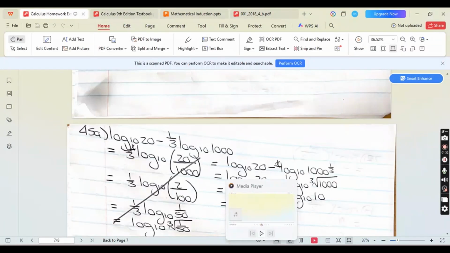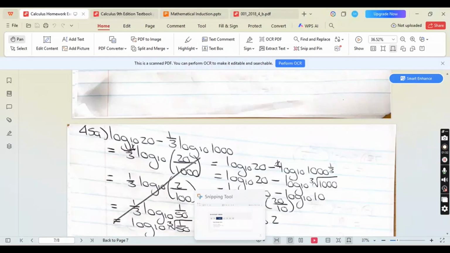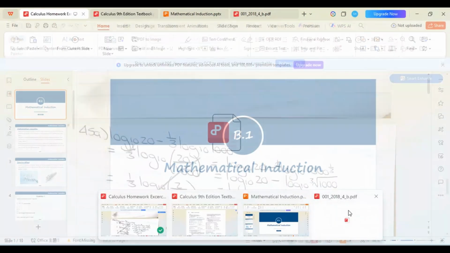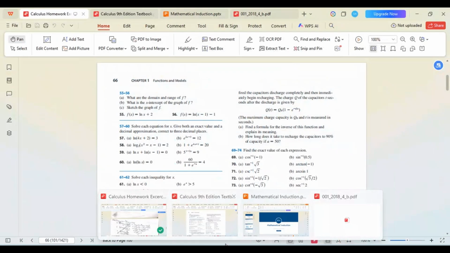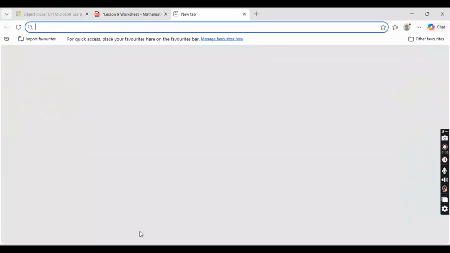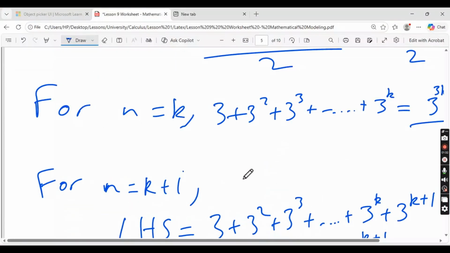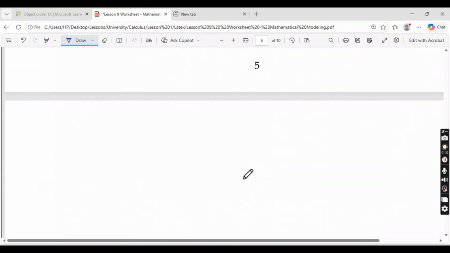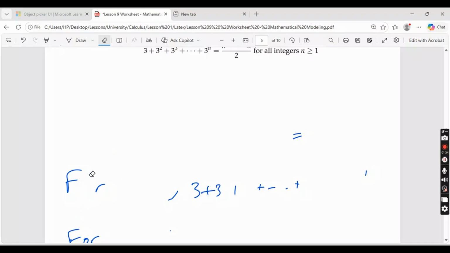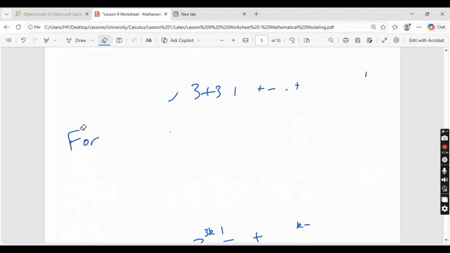Okay, so maybe we should try it from the beginning and let's see if we will be able to nail it. So from the beginning, okay.